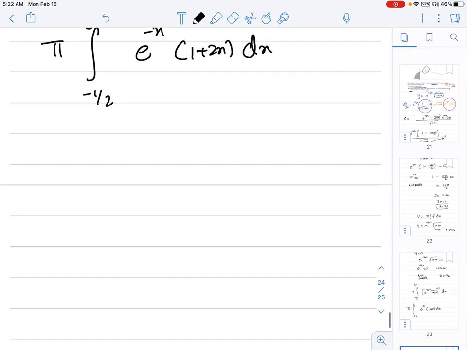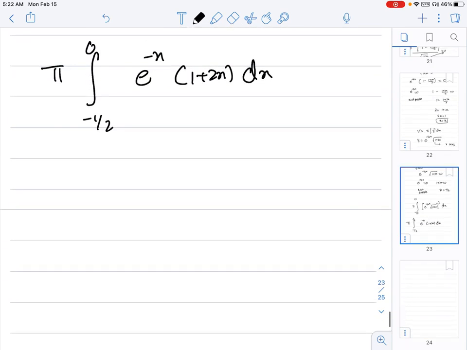So this is integration by parts. I use the acronym ILATE. So I have exponential and algebraic. So this is my first function, this is my second function.